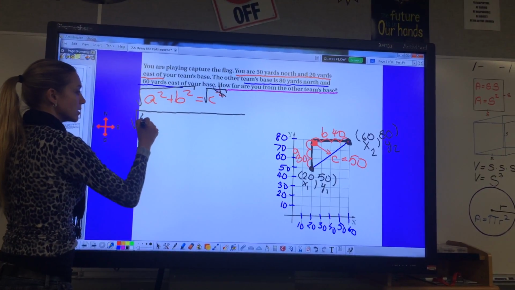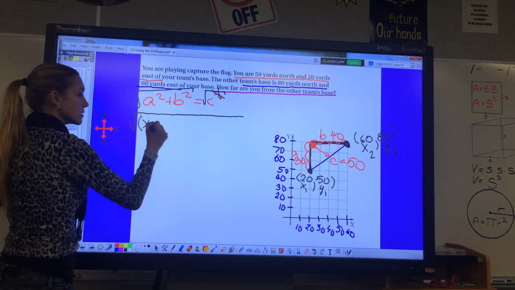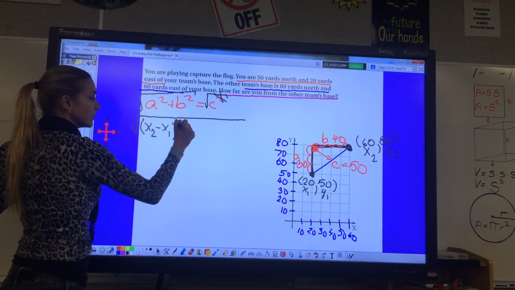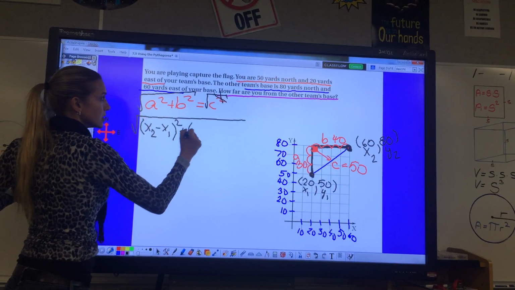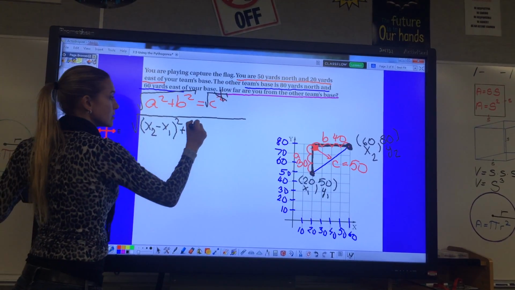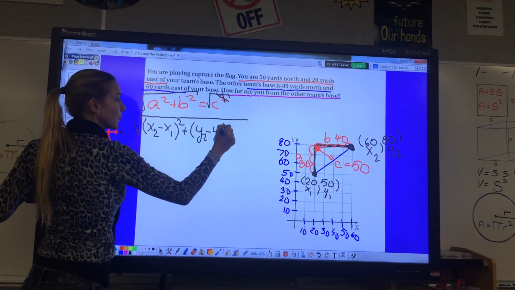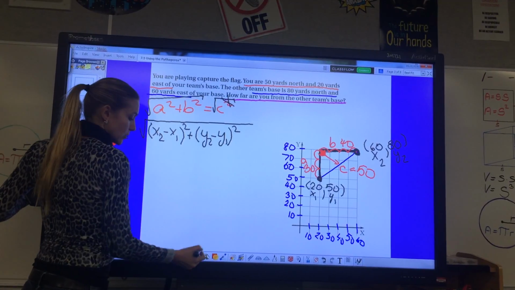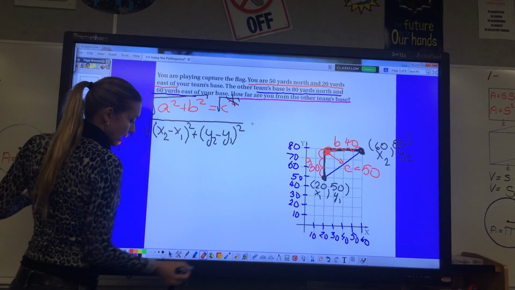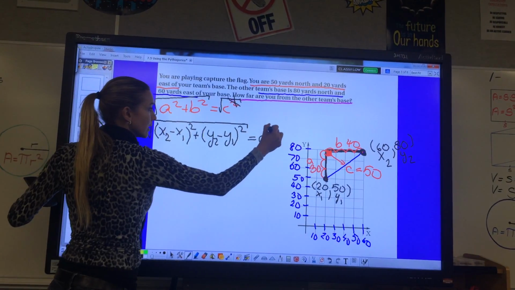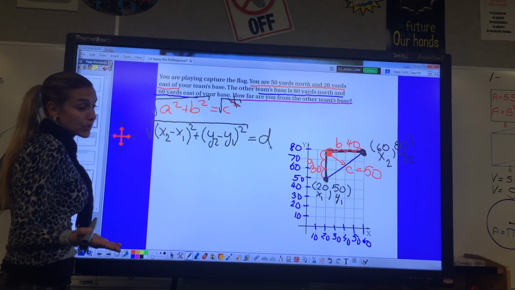So the difference is take the second x, subtract the first x, make sure you square it, plus the difference between my y coordinates. So I take the second y, subtract the first y, and square it. If I was to do that, that should give me the distance between these two points, right? Or the hypotenuse, the C.